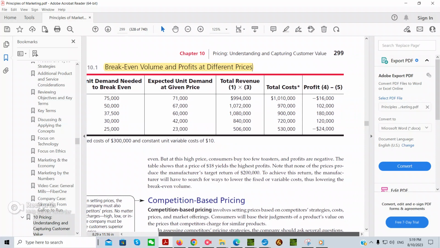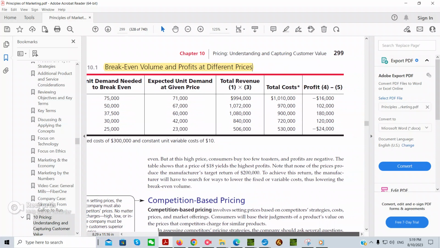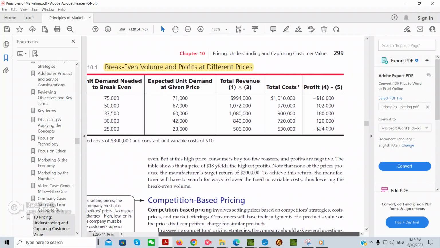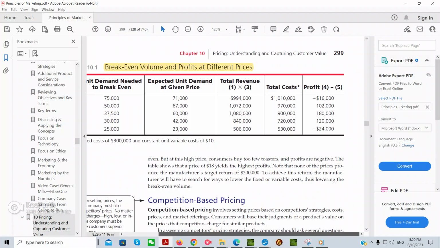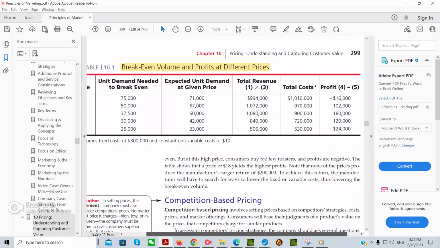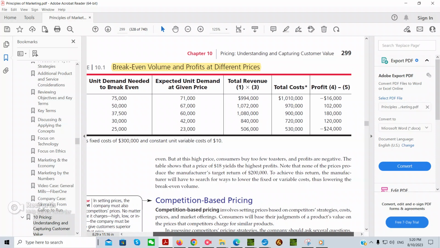Then we take our total costs and our total revenue. Let me say that again, sorry.